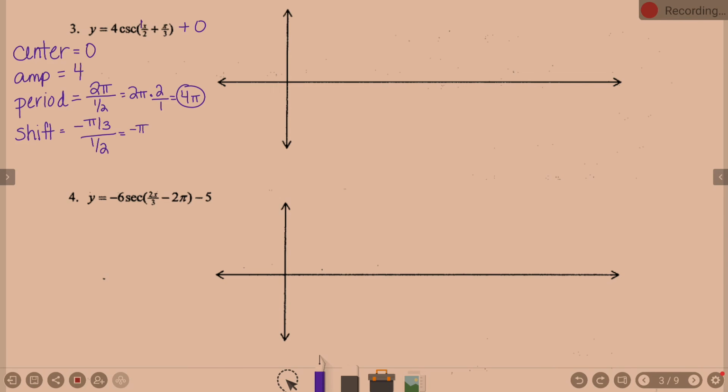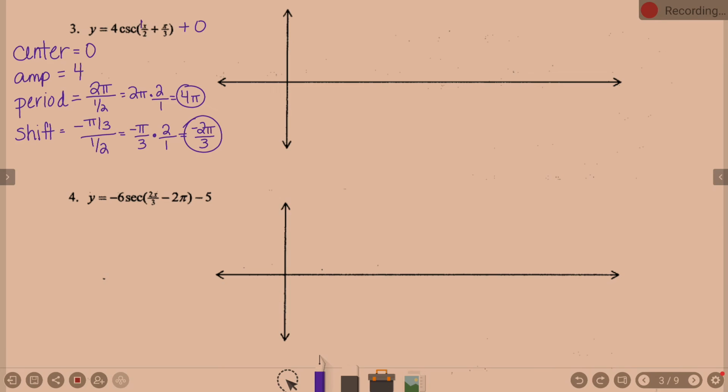So negative pi over 3 dividing by 1/2 is multiplying by 2 over 1. So we have a phase shift of negative 2 pi over 3. Which sounds bad, but with such a big period, a long period, it actually works okay.